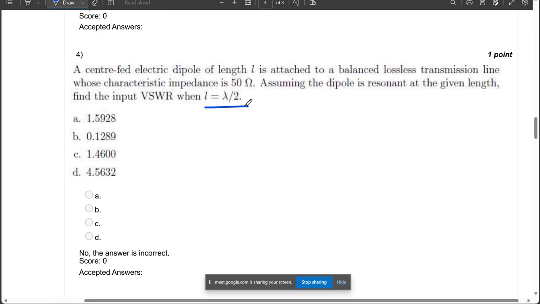So here a center fed dipole of length L is attached to a balanced lossless transmission line. What does a balanced lossless transmission line mean? It will have an impedance of 50 ohms, right? L is equal to how much? Lambda by 2.